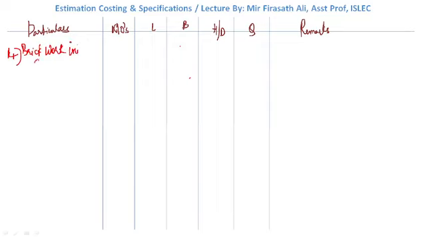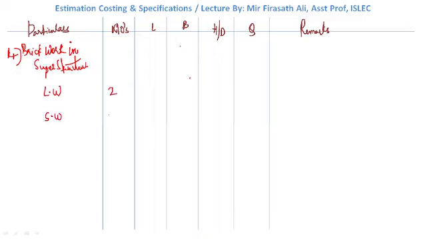What do we mean by superstructure? The part above the plinth level up to the roof level we call the superstructure.